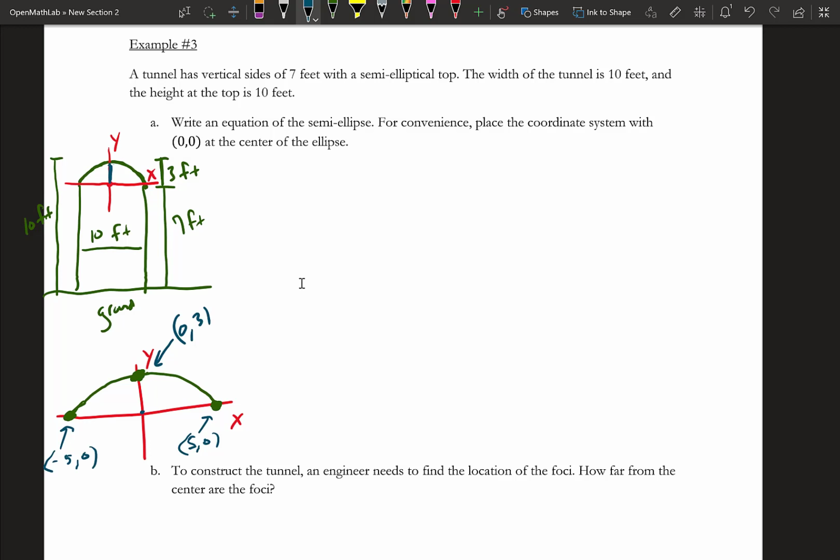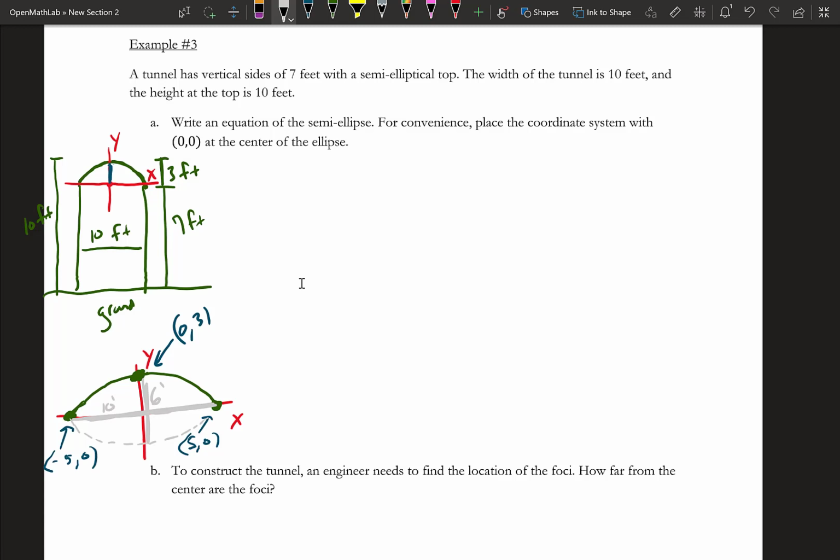So in other words, the length of my major axis would be 10, and the length of my minor axis would be 6, right? So that's just 5 and 3 doubled, right? Because typically we'd have our ellipse keep coming down here with the gray, right? So then here is a length of 6, and here is a length of 10 feet.